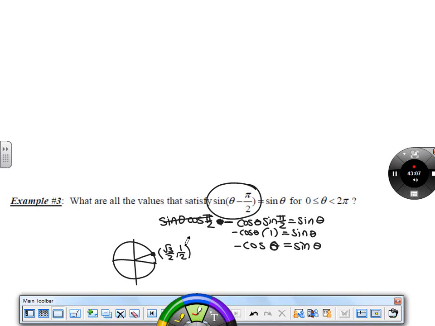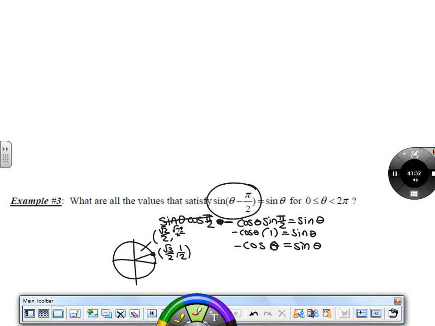In other words, does the negative cosine of 30 degrees equal the sine of 30 degrees? Well, the cosine is root 3 over 2, so the negative cosine would be negative. Is that equal to 1/2? No. What kind of angle would these quantities be equal at? 45s, because I need the same number on each side, right? So am I going to pick the 45 right here?